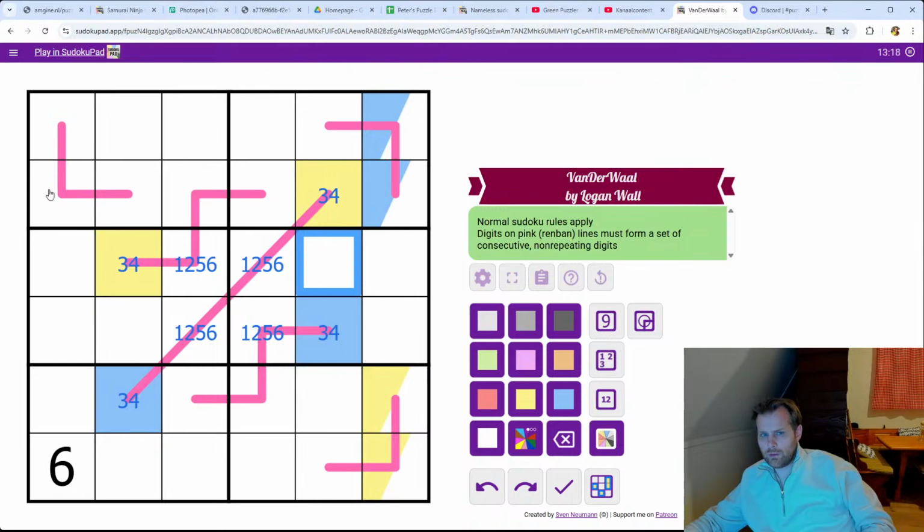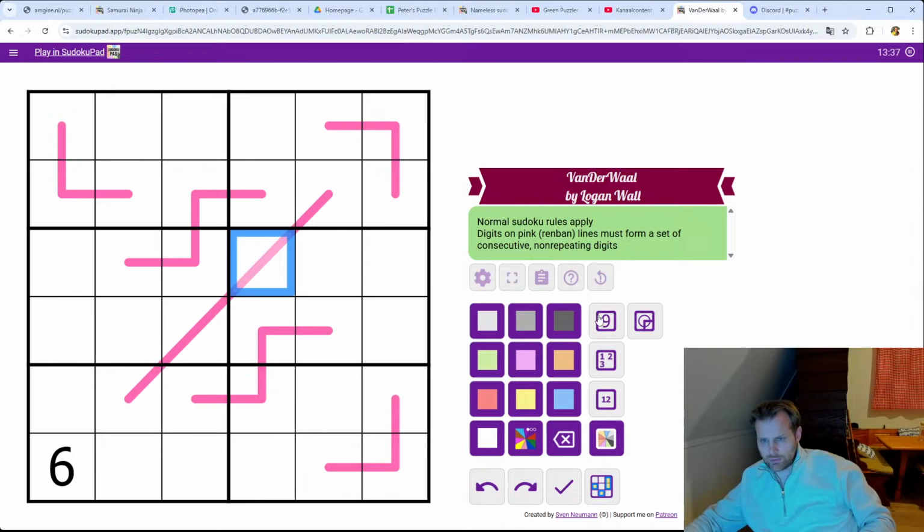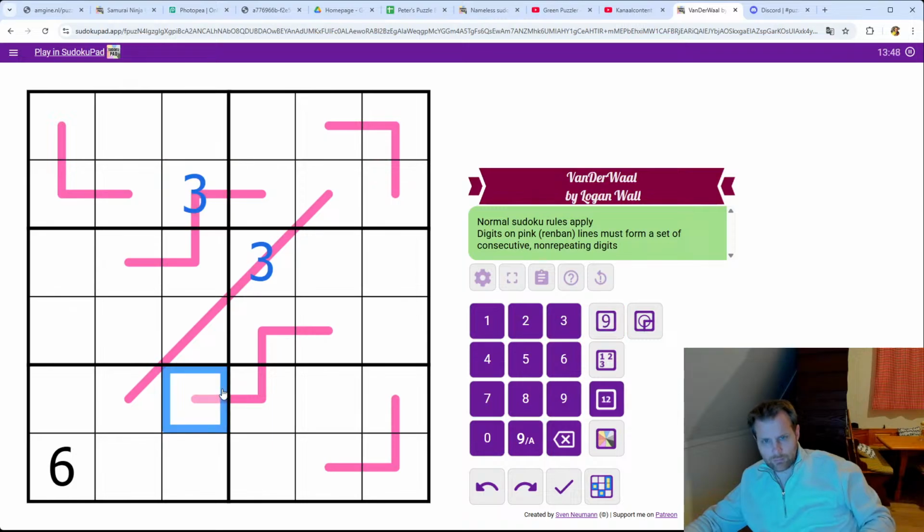Row 3, column 3 can still be, wait, okay, sorry. Okay, so if this is a 3, then it means this is a 3, and this is a 3, and that's wrong.